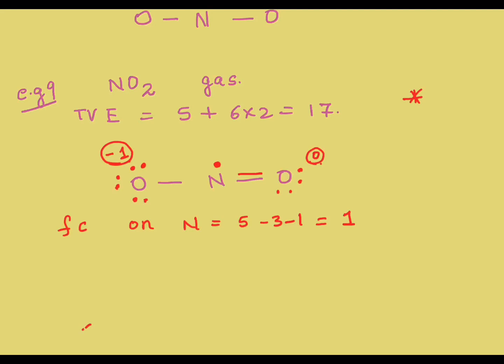Be very careful about this molecule. It's only 1 over here. So what are we left with? We are left with a +1 charge. So what's the overall charge on the molecule? Yes, it's -1 plus 1. It's 0. It's a neutral molecule.